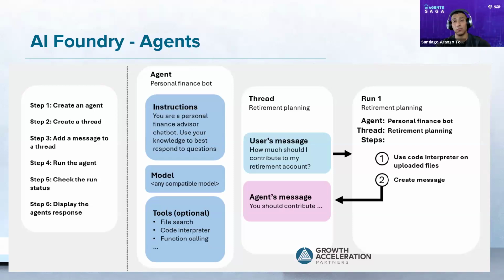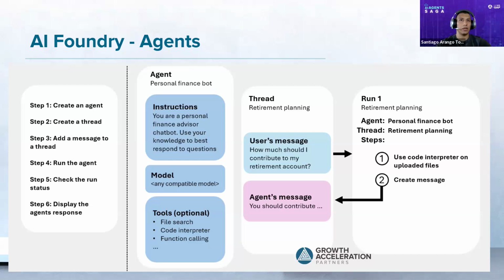These are some of the few examples of the things that you can connect to an agent. Now that you have everything stuck together for your agent, the instructions, the model, and also the tools that you would like to have, the next part will be to create a thread.